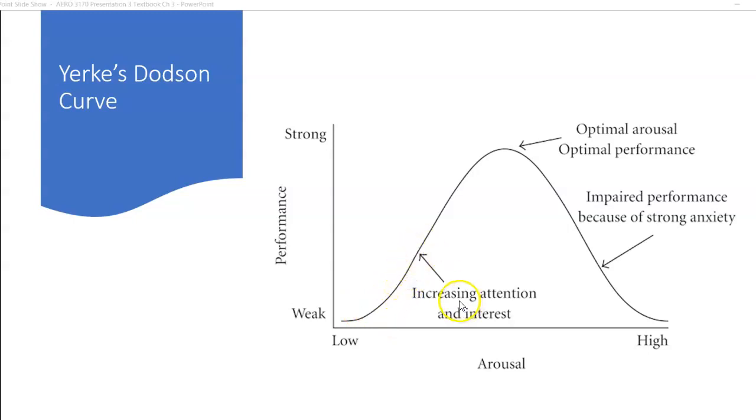But as you move into moderate arousal, increasing attention and interest occur. And so performance increases up to a certain point at which optimal performance starts to decrease. And that's because of strong anxiety that is caused by high workload. So this is an illustration of how as workload increases, human performance decreases.